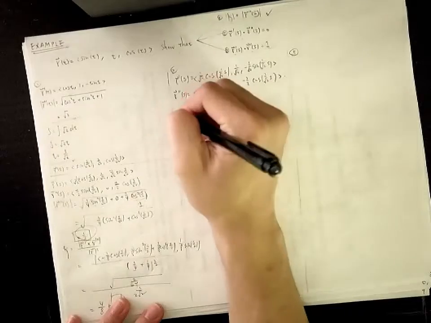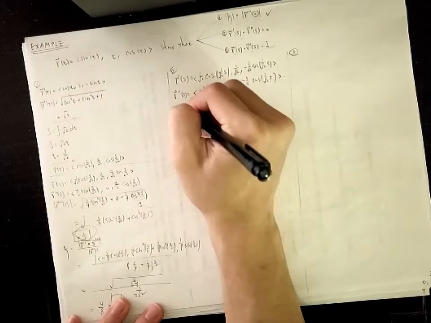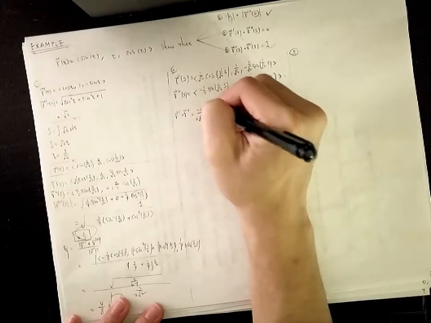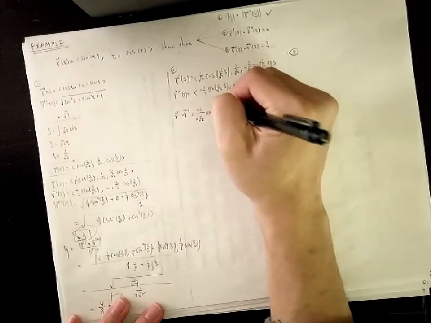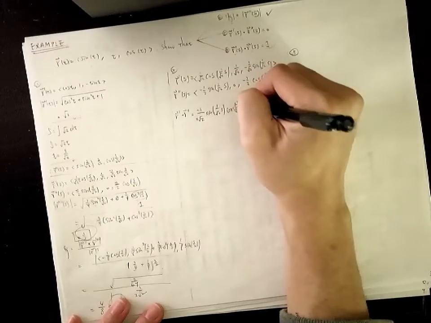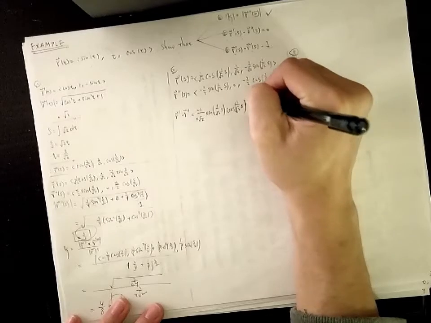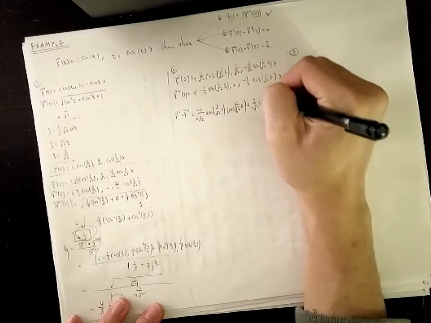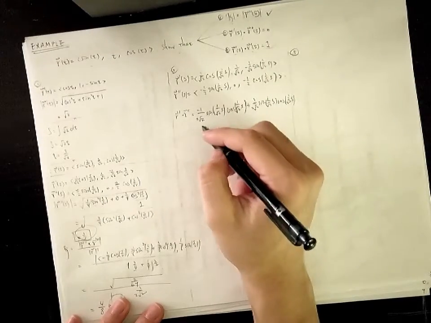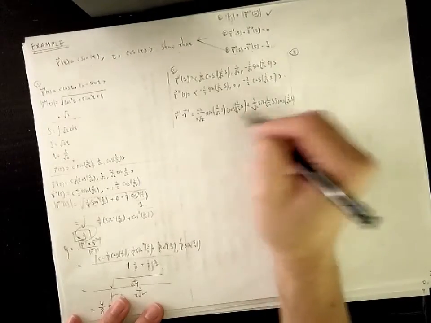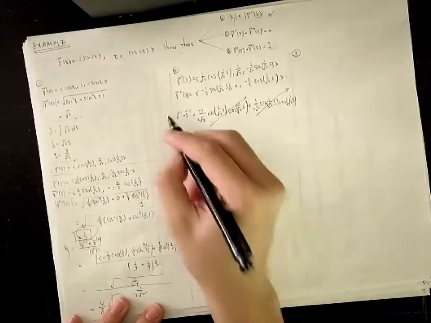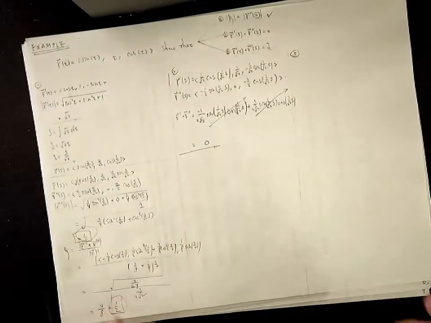And so basically we have to dot them together, right? This will make it negative root 2 over 4 sine 1 over root 2 s cosine 1 over root 2 s plus root 2 over 4 sine 1 over root 2 s cosine 1 over root 2 s. And this is going to equal 0 because this is actually the negative of this thing. So it crosses out, and we get r prime dot r double prime equals 0.